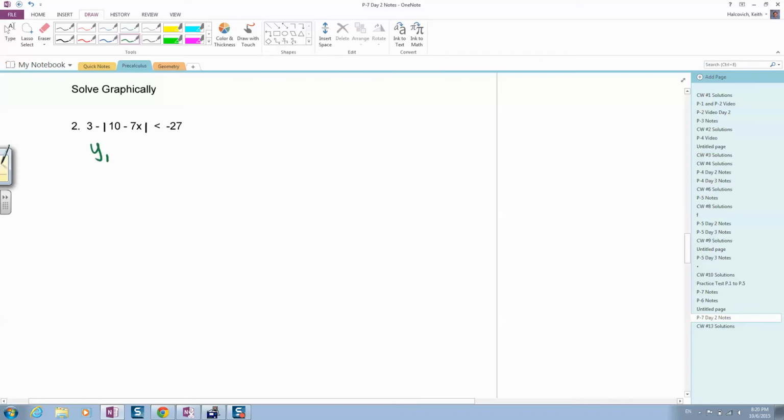The y sub 1 is equal to 3 minus the absolute value of 10 minus 7x. Y sub 2 is negative 27.